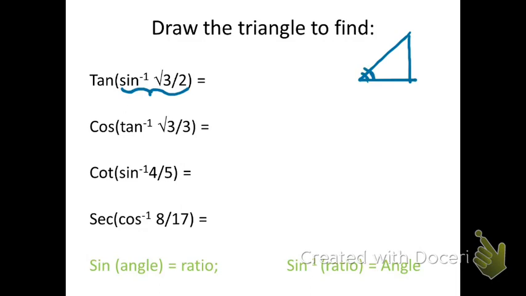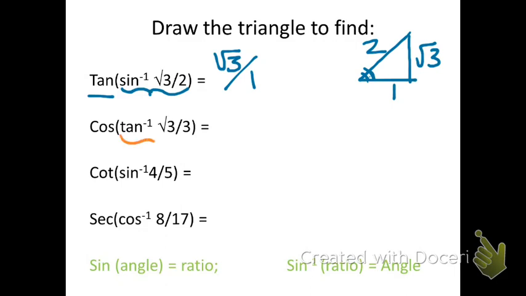And we have inverse sine, so that's the opposite over the hypotenuse, so we know that'll be a 1. And so we're trying to find the tangent of this angle. So tangent, and again our answer should be a ratio, so the tangent is going to be the opposite over the adjacent.